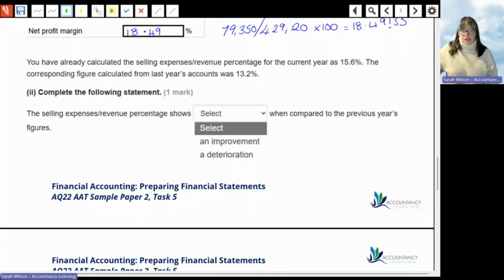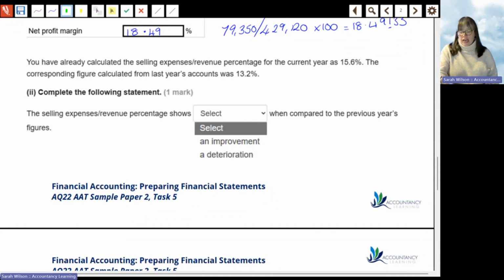So next then, you have already calculated the selling expenses revenue percentage for the current year as 15.6%. The corresponding figure calculated from last year's accounts was 13.2%. Complete the following statement. The selling expenses revenue percentage shows, and we've got to say, is it an improvement or a deterioration when compared to the previous year's figures?